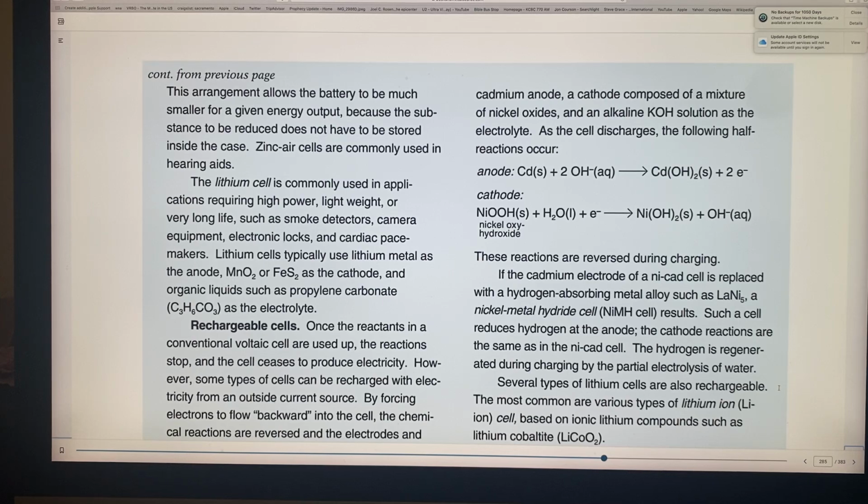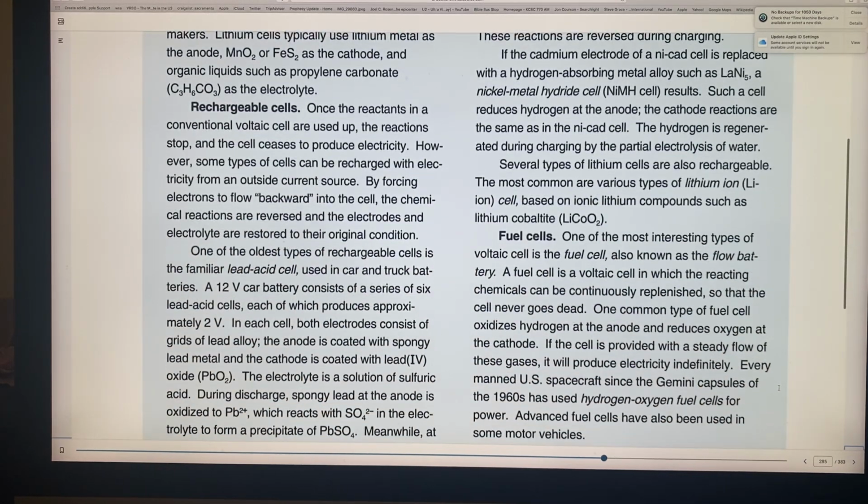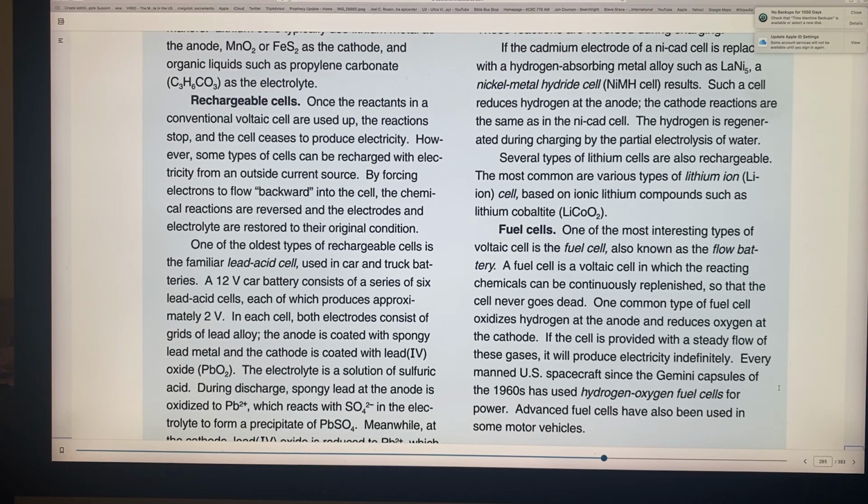And so on to rechargeable batteries. So how do they recharge? Well, with rechargeable batteries, when the reactants are used up, they stop, right? And so now we have to recharge them by electricity, usually by forcing them backwards.